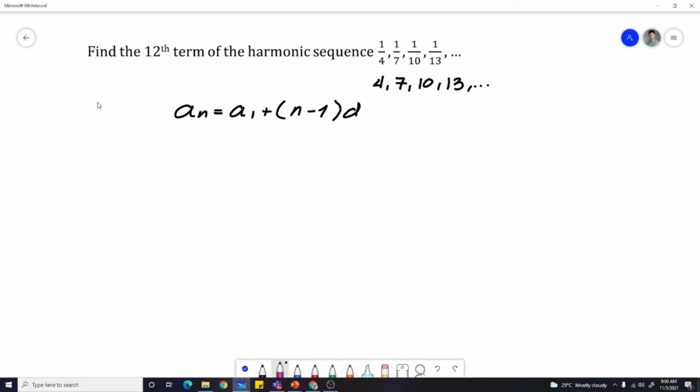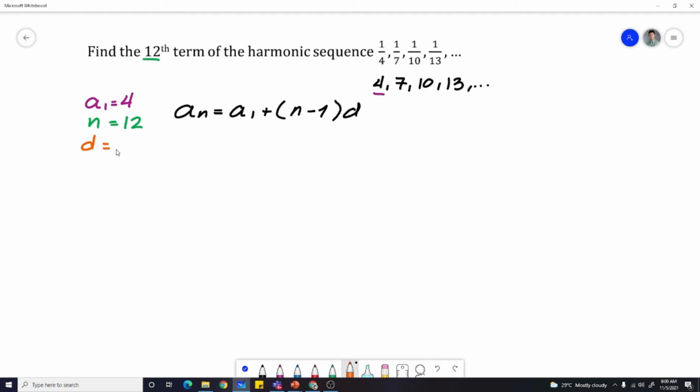Let's identify our given. We have our first term of the arithmetic sequence, which is 4. So a sub 1 is equal to 4. Next is the number of terms. Since we're looking for the 12th term, n is equal to 12. Next, let's identify the common difference.